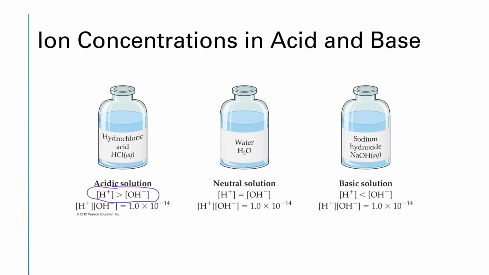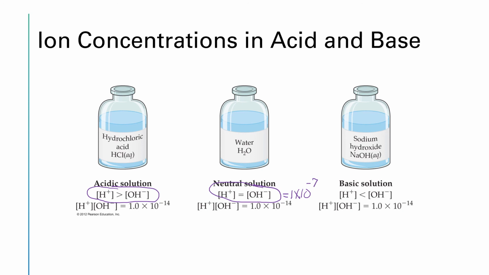And they're related to each other by Kw. If we're talking about a neutral solution, we will have both hydrogen and hydroxide ions, but they will be present in an equal amount. Now, if we take that H+ equals OH- and we substitute into our Kw expression, what we will quickly find is that in a neutral solution, either hydrogen ion or hydroxide ion has a concentration of 1 times 10 to the minus 7.